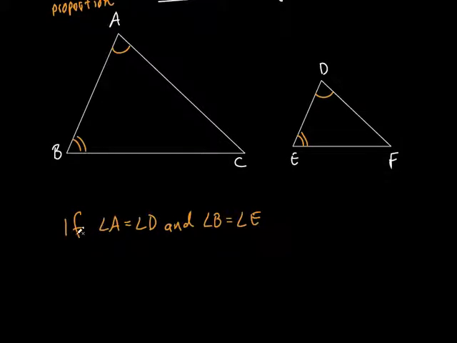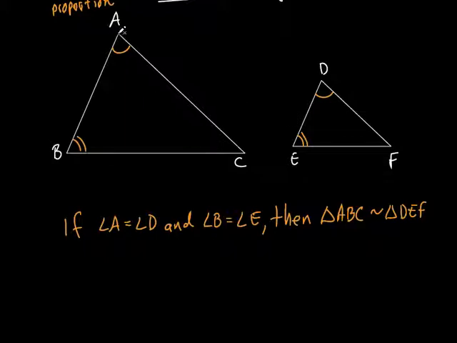So let's finish this off. If angle A equals angle D and angle B equals angle E, then what can I say about the triangles? The triangles are similar. So I could say triangle ABC is similar to triangle DEF. Now, if I know that they're similar, I could also say a whole bunch of stuff. I could say angle C equals angle F, right? Because all the angles are equal.